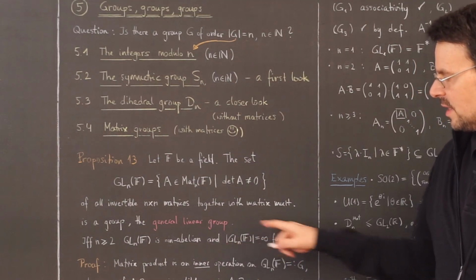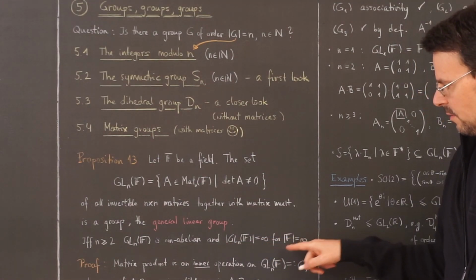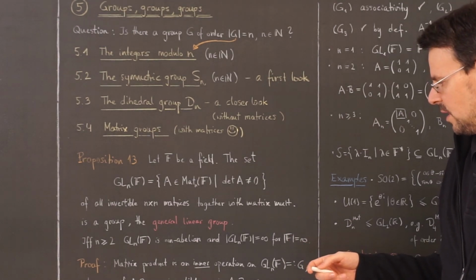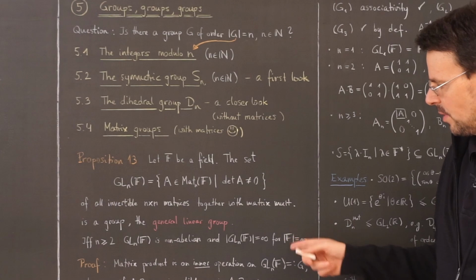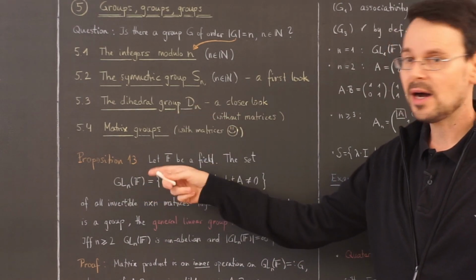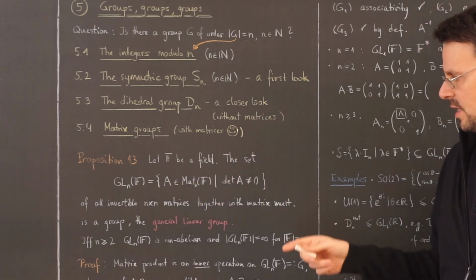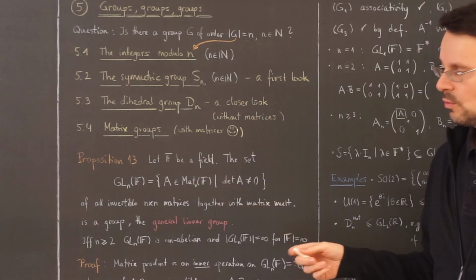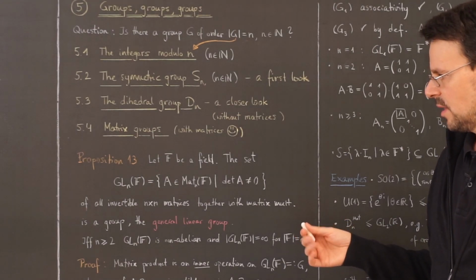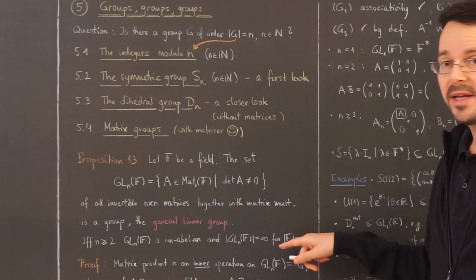And it is an infinite group if the field itself has infinitely many elements. So for example, GL_n of Q, the rational numbers, or GL_n of R, the real numbers, or GL_n of C, all those are infinite groups. On problem set 10 there will be an exercise that studies this for finite fields.